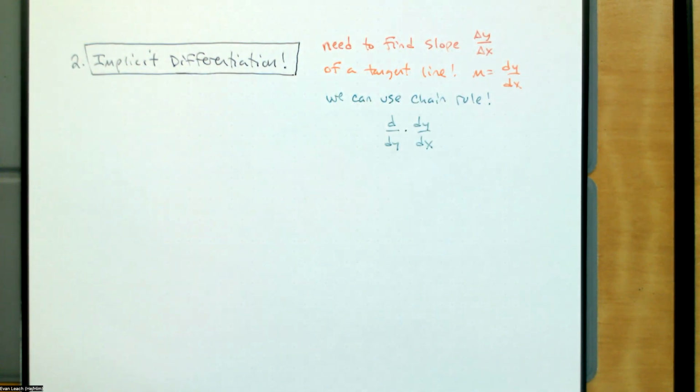To find dy dx, we take the derivative with respect to y and multiply by the derivative of y with respect to x.